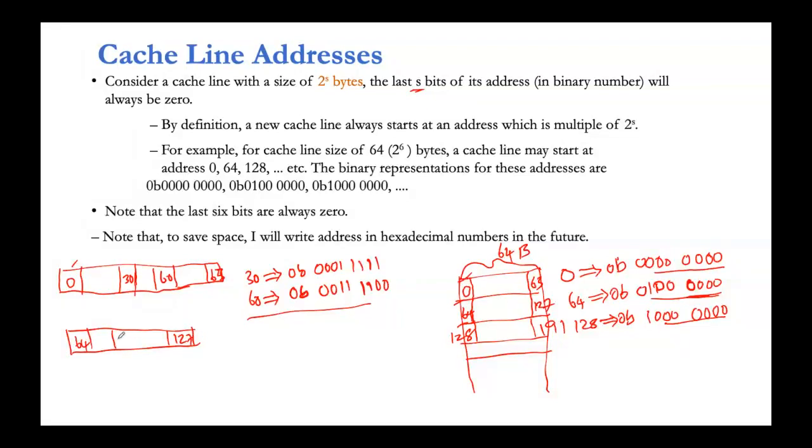Consider that somewhere in between there is arbitrary data, suppose at 70 and at 111. The arbitrary data address in binary form for 70 is 0100 0110, and for the arbitrary data address 111, the binary equivalent is 0110 1111.